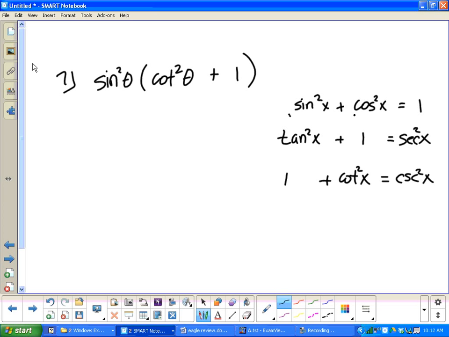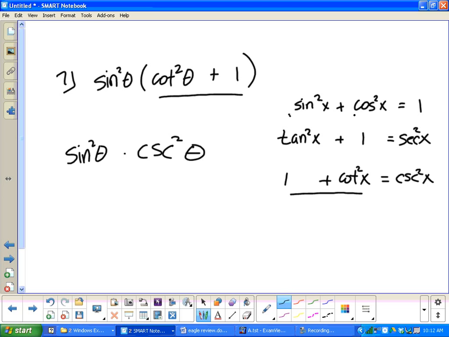Now, does it matter that it's backwards? Because if you're adding, the order doesn't matter. Cotangent squared plus 1 is just cosecant squared. So we get sine squared times cosecant squared.